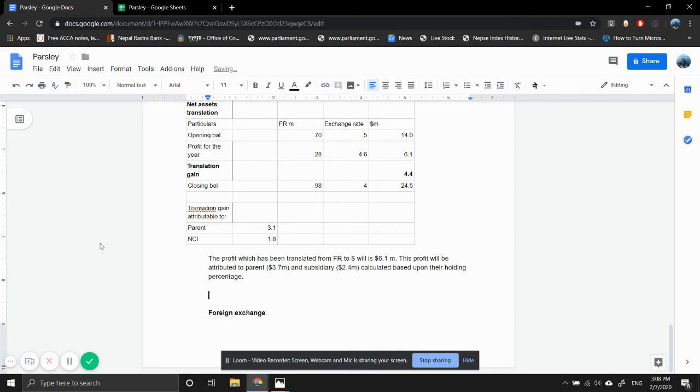This profit will be attributed to parent and NCI based upon their holding percentage.